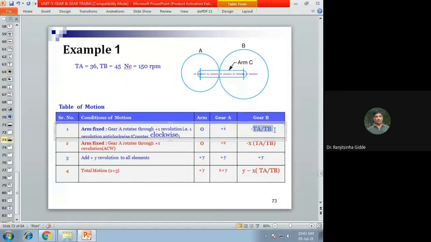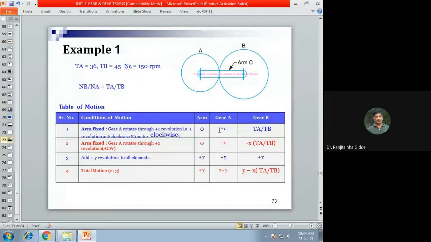And how to find out for this B? Already we have seen. So we are writing like this: NB upon NA is equal to TA upon TB.